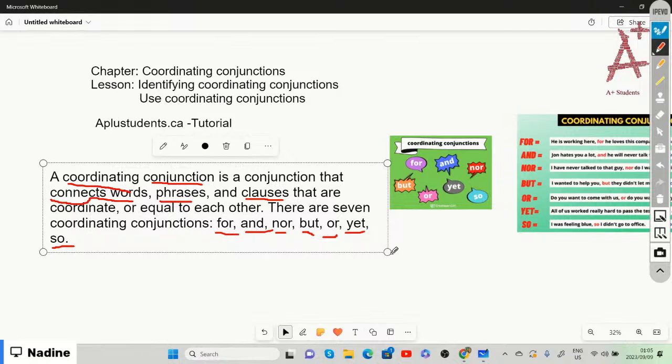The most common ones that we usually use to connect words are and, but, or, so. Those are usually the most common coordinating conjunctions used in order to connect either words, phrases, or clauses.